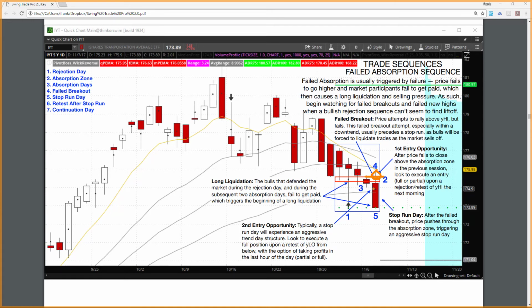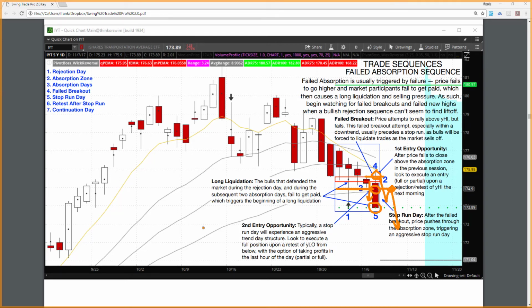The second entry opportunity will come right here, at the stop run day, where price is breaking through 2-day lows, and there's an opportunity to get ahead of that or to defend the previous low from below upon a retest. So price breaks through the low, returns, and right there is an opportunity to defend for a continuation down.